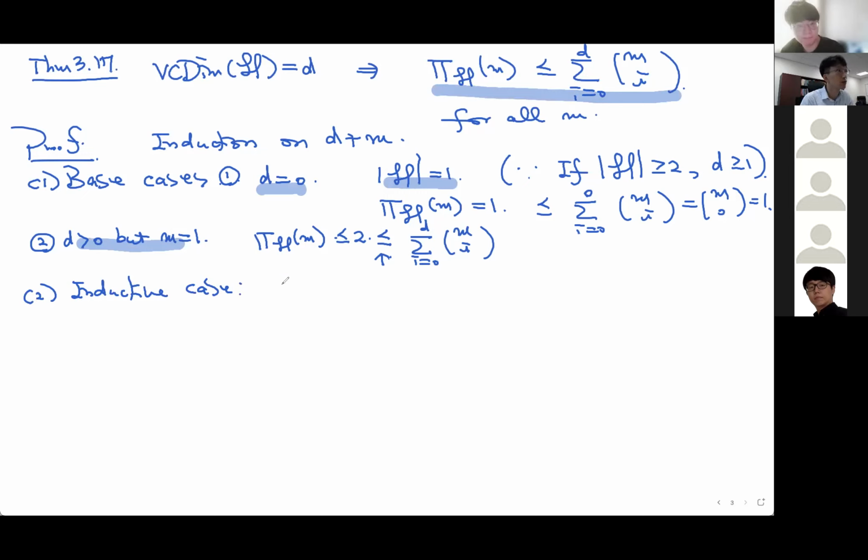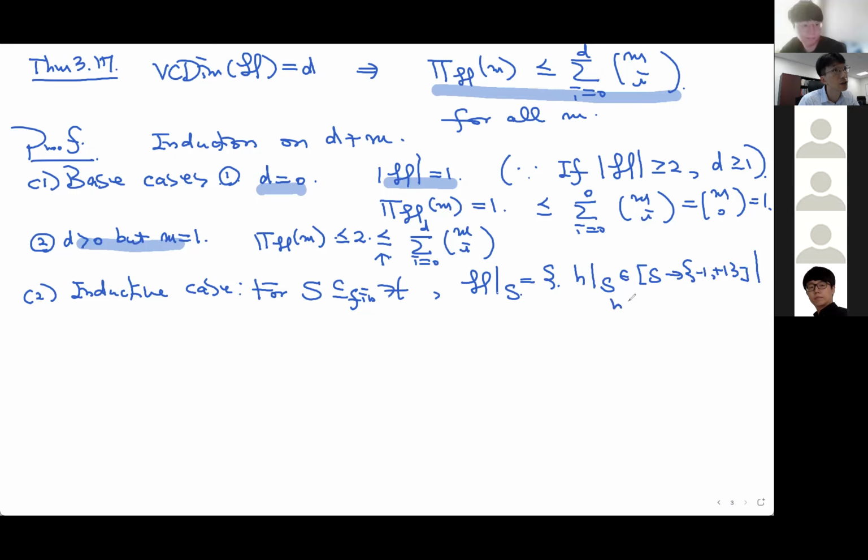For any finite subset S of X, we're going to write H restricted to S to mean the following: the function whose domain is restricted to S, a mapping from S to minus 1 and plus 1, where h is in our hypothesis set.